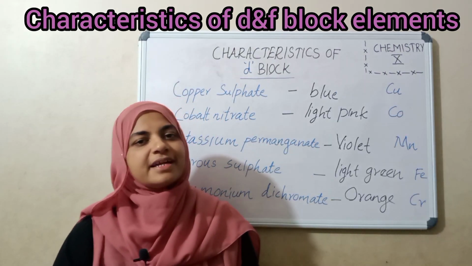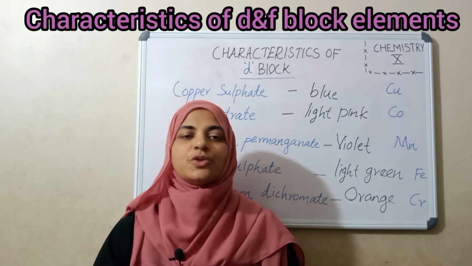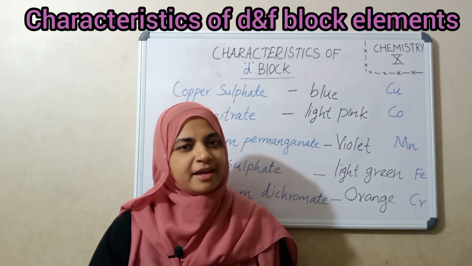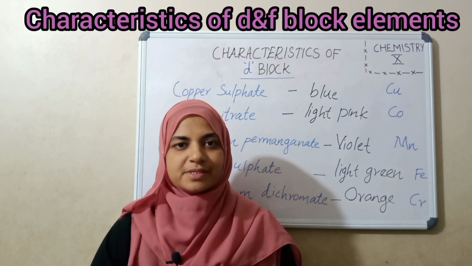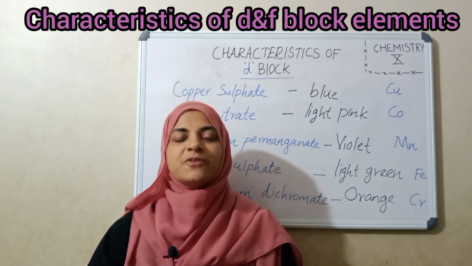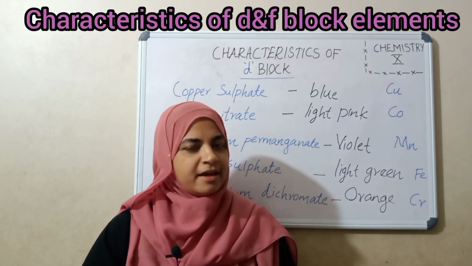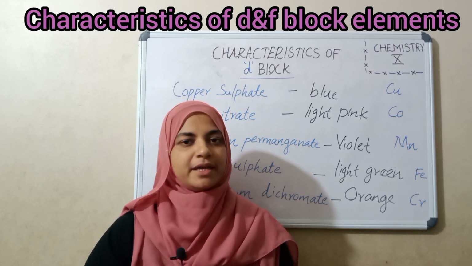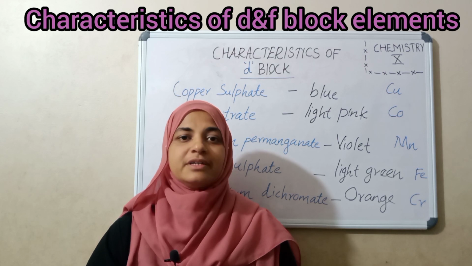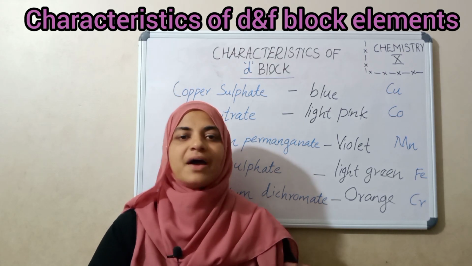We already said that a character of d block elements is that they can form colored compounds. Most of the colored compounds consist of transition elements. Here the color is given by the presence of transition element ions.